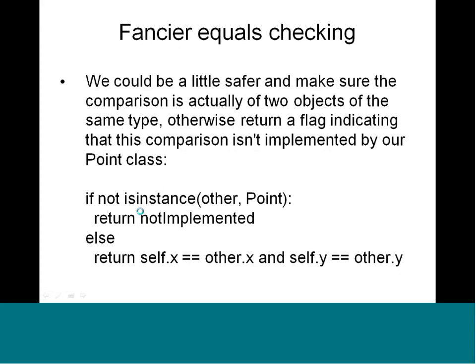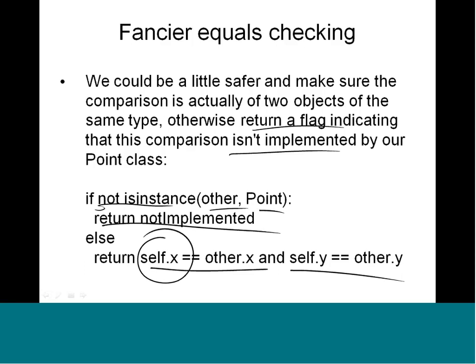So we could be a little safer and make sure that the comparison is actually between two objects of the same type, and otherwise return a flag indicating that the comparison isn't implemented by our Point class. So how do we do it? Here we just say if not isinstance(other, Point), return NotImplemented, else return self.x equal to other.x and self.y equal to other.y.